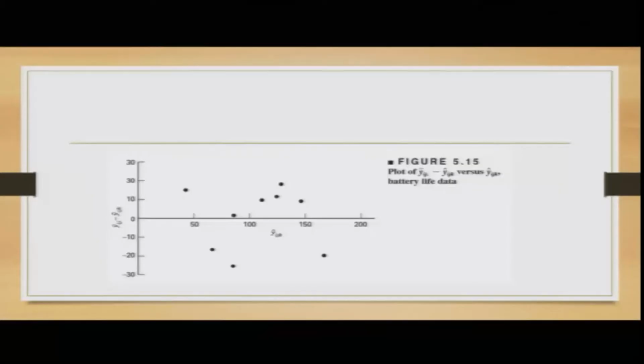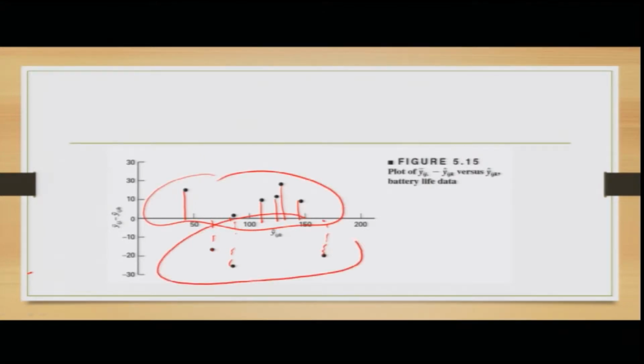If you see the pattern, this is positive, this is positive, positive, positive, positive, and this is negative. You see the trend here and the trend here. As they move from positive to negative, obviously there is some interrelationship happening. That means the effect of A and B is there.